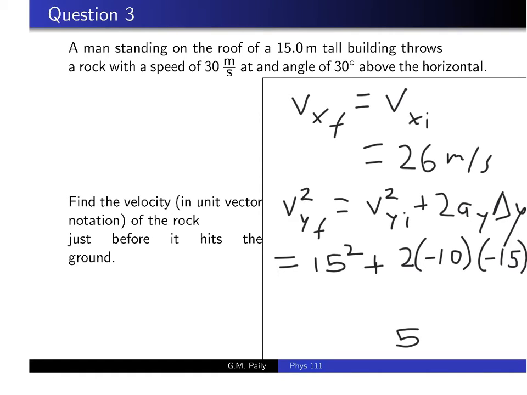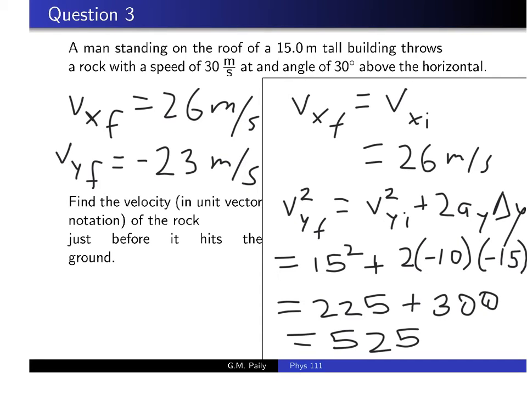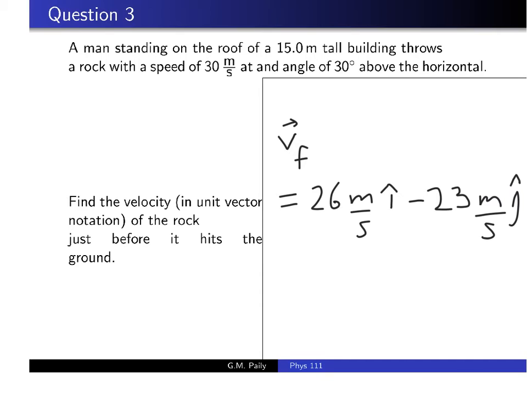And so we find that Vx final is 26 meters per second, as it was in the beginning, and Vy final is negative 23 meters per second. Putting it all together, we find that the final velocity of the rock just before it hits the ground is 26 meters per second i hat minus 23 meters per second j hat. Remember, velocity is a vector.